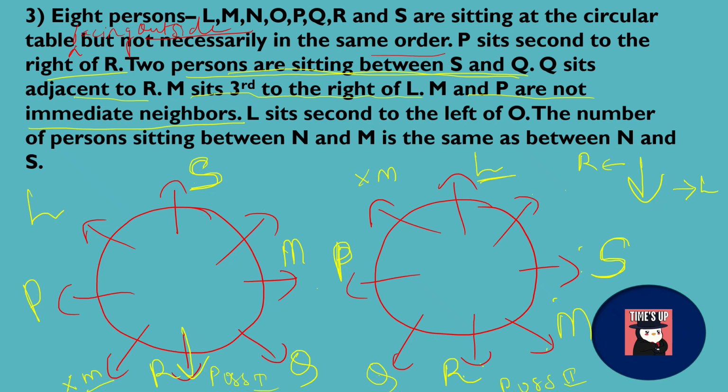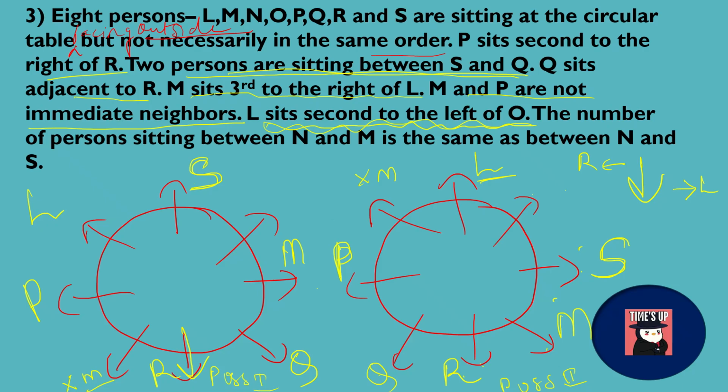Second possibility. Then what they have said, L sits second to the left of O. So when you take this statement in the second possibility, there is no place for O. See, only if you place O here in place of P, then only L will be second to the left of O. Okay, wait.